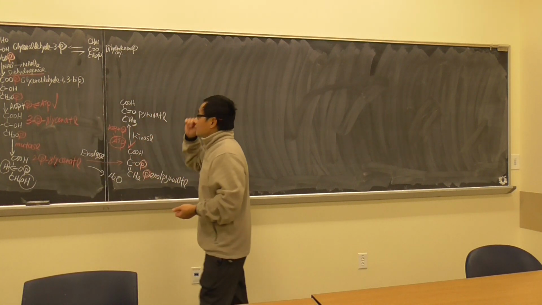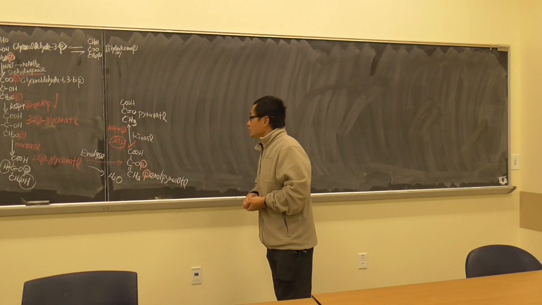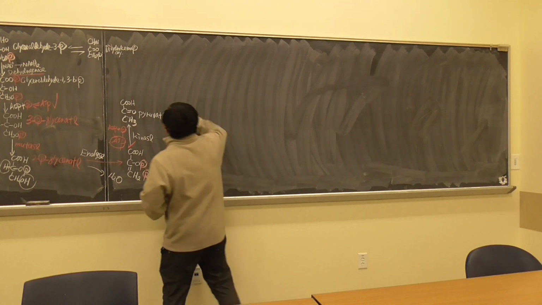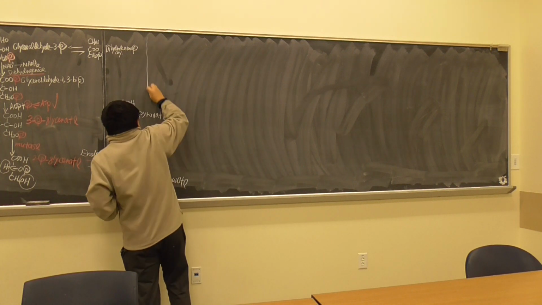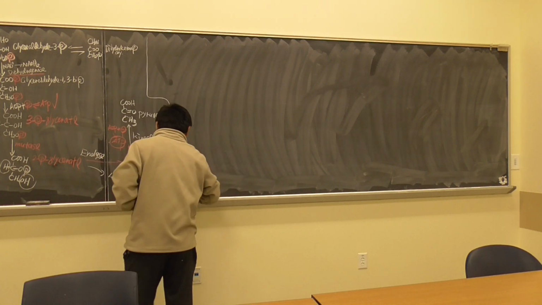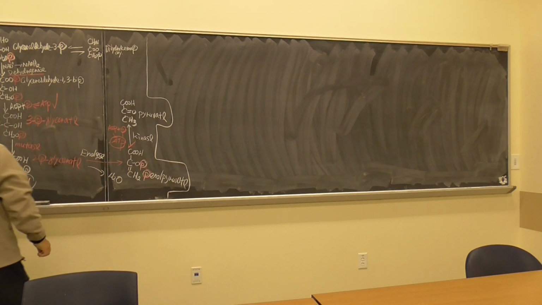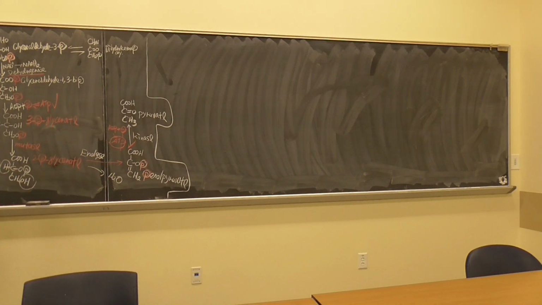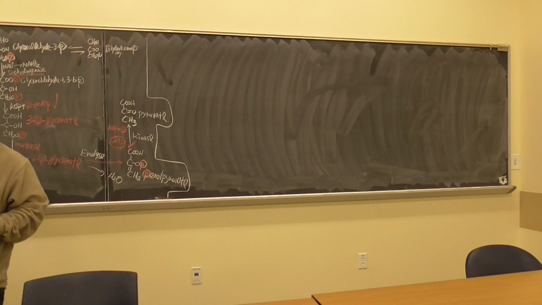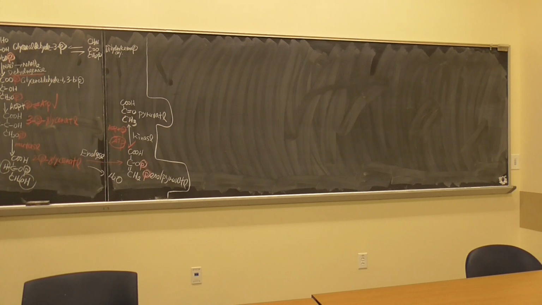Okay, a little bit messy writing here. So let's talk about something. The question will be, how many ATP are generated during glycolysis? And you get the answer is 2 ATPs always.